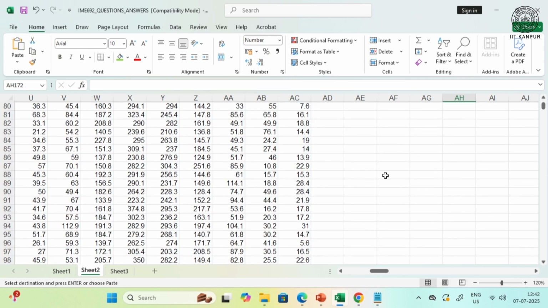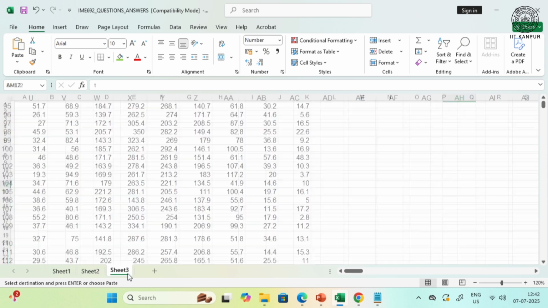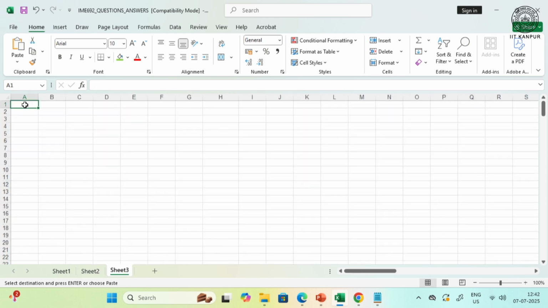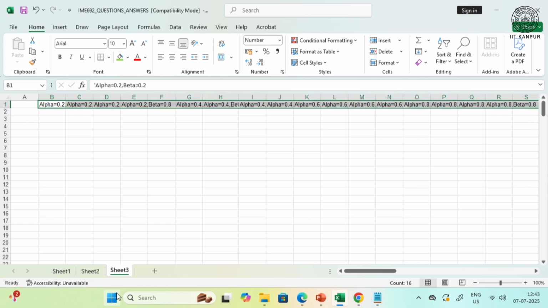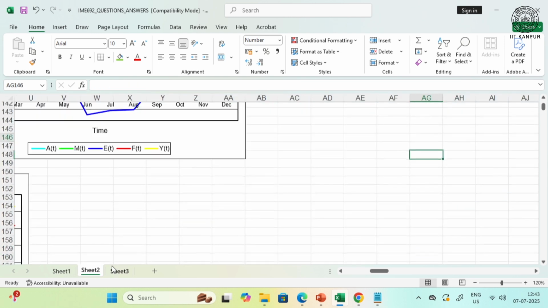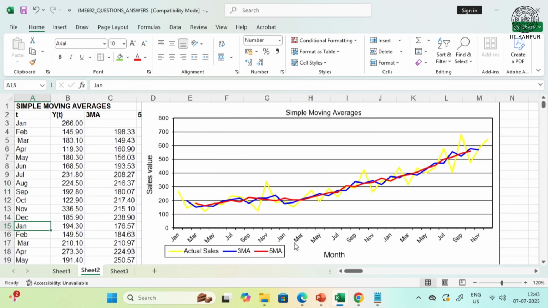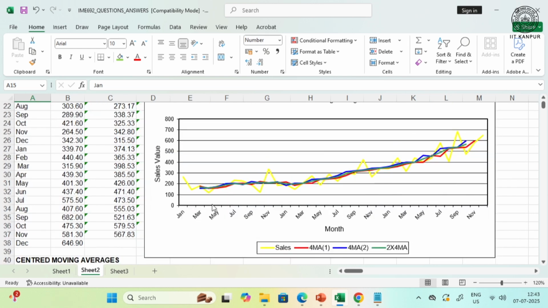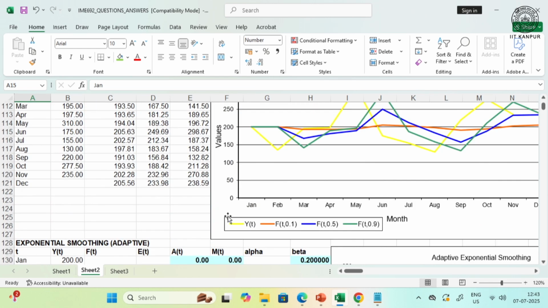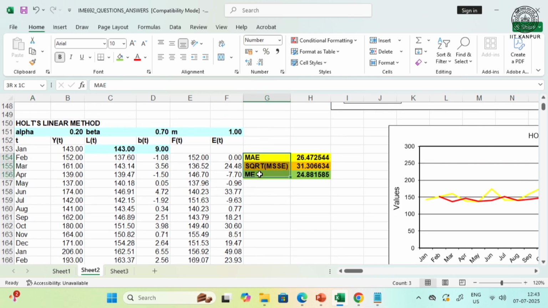Let me do it in sheet 2, this will be easy. Sheet 3. Perfect. And what I need is these, yes, these 3.